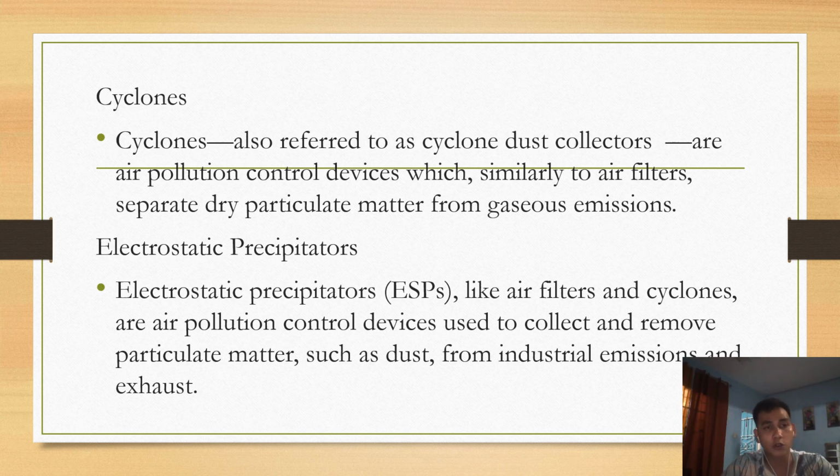Electrostatic precipitators employ transformers to create a high static electrical potential difference between charging electrodes and collecting plates. As the gas stream passes between the two components, an electrical charge is introduced to the particulates, which attracts the particulate matter to the collecting plates.